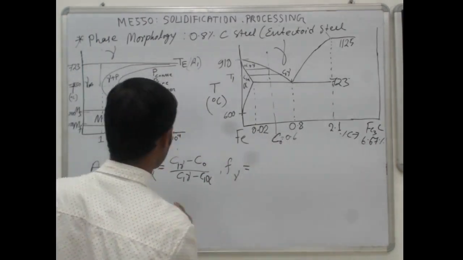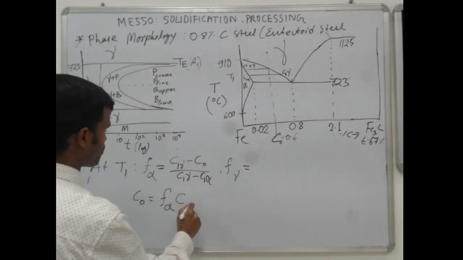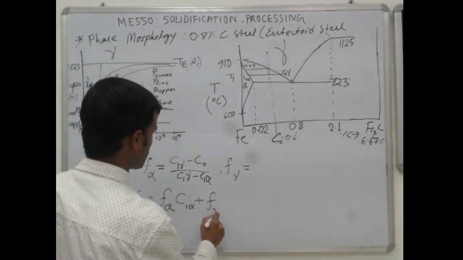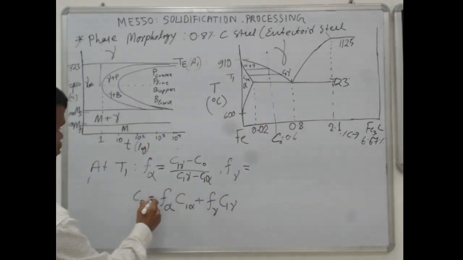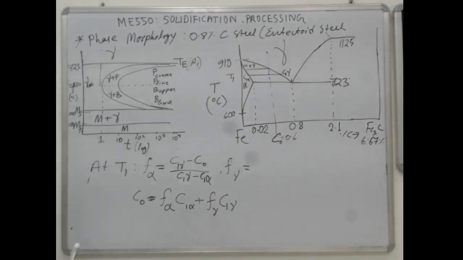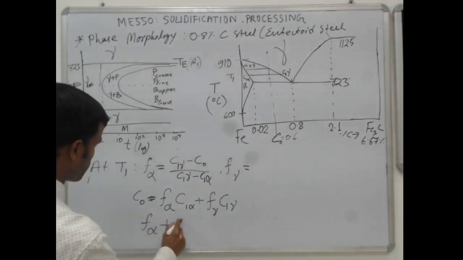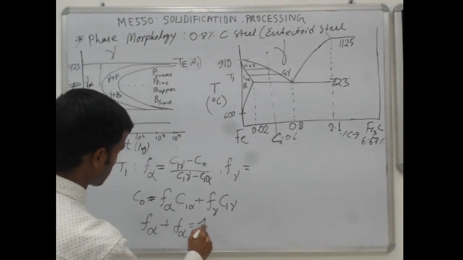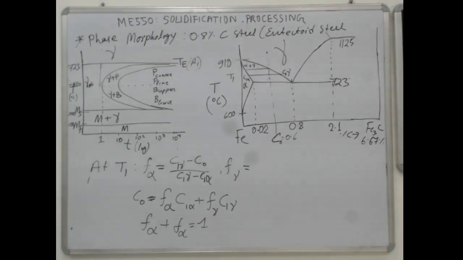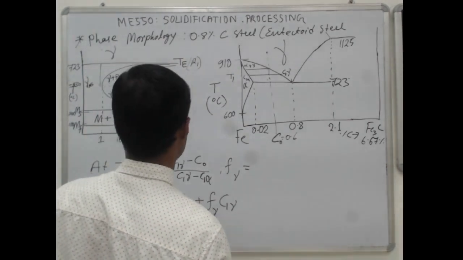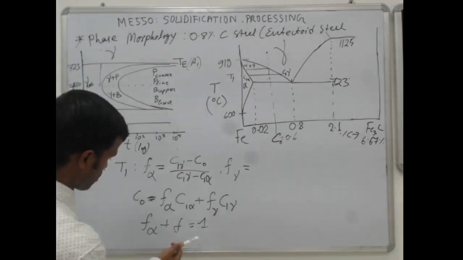What will be the overall composition? C0 is the fraction of alpha times the composition of alpha plus the fraction of austenite times the composition of austenite. This will be the overall composition. And the fraction of alpha plus the fraction of austenite has to be 1. Otherwise this lever rule is not applicable.